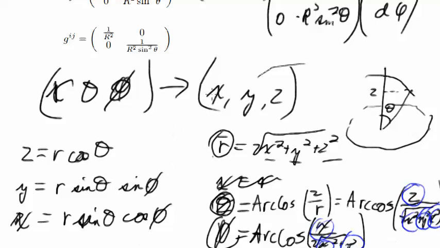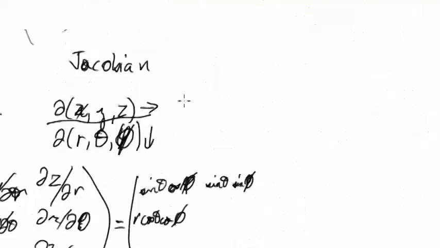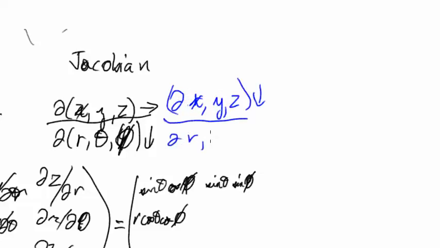All right, so we've got this Jacobian, and we've written it twice: del x, y, z, del r, theta, phi. Is that what I did down here? Yeah. And then it would be del x, y, z again, but this time going down, del r, theta, phi, and that would go to the right.